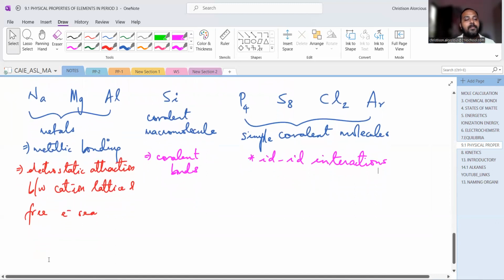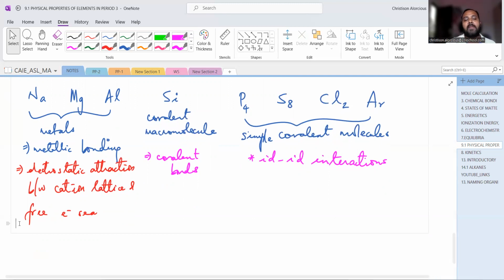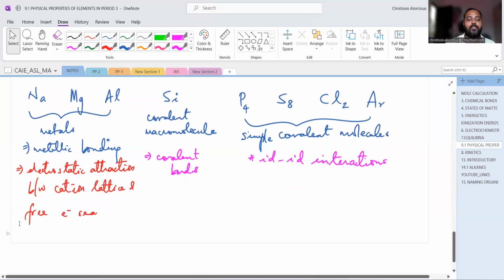you find that the covalent bonds found in the silicon macromolecule are the strongest and need the highest amount of energy to break.